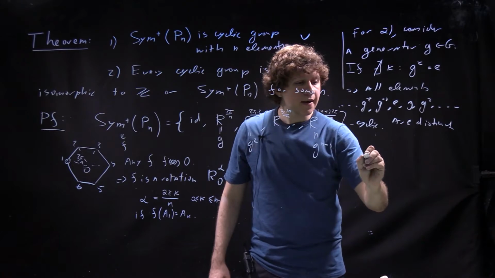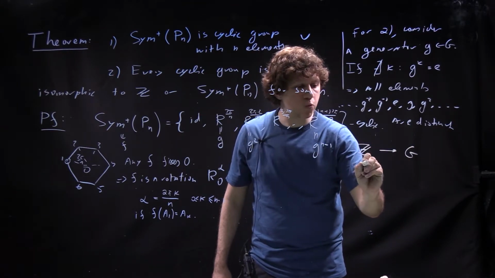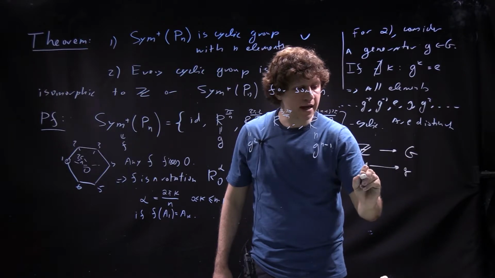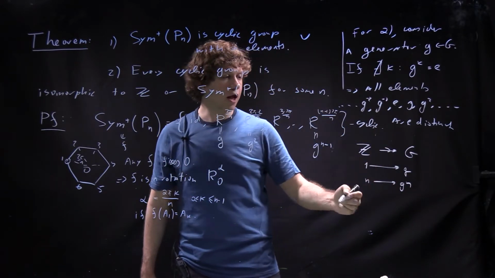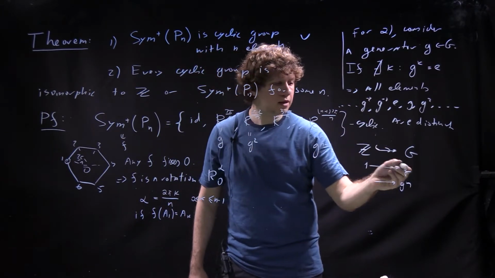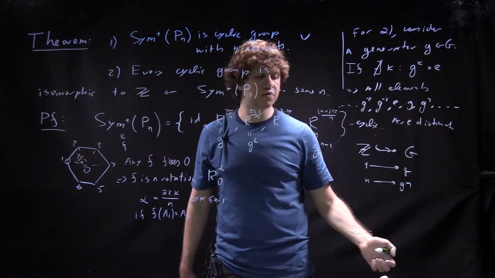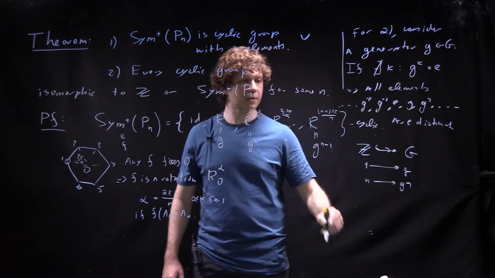So they are distinct, and then we can construct a map from Z to G, which sends 1 to g and n to g to the n, and that's a surjective map, and also injective because all powers are distinct, and certainly, because of the properties of powers, sends sum to product. So that's obvious.